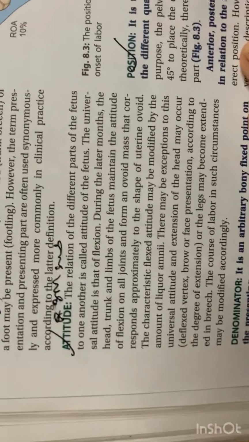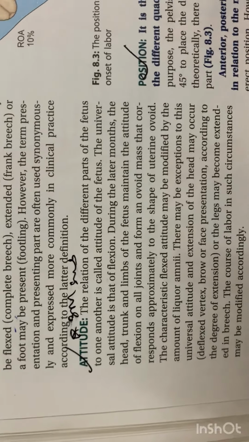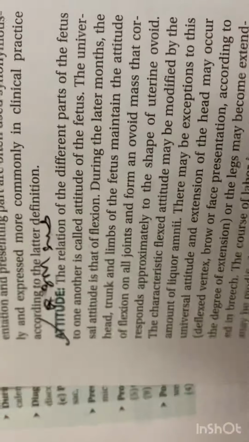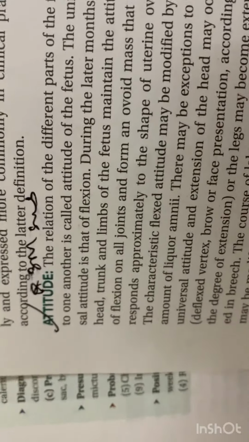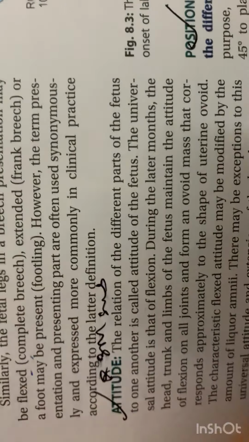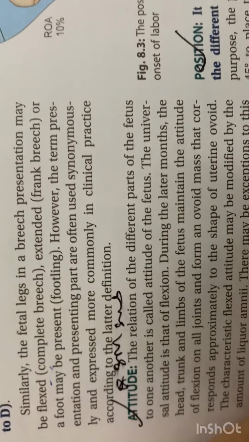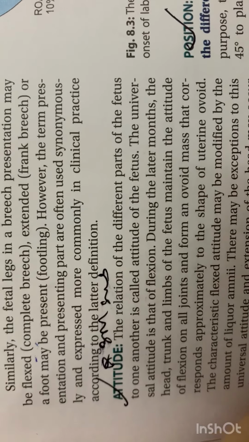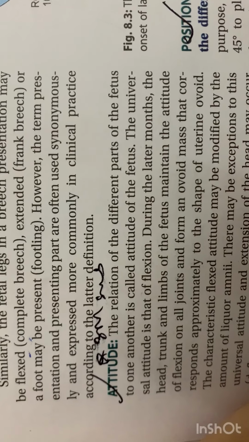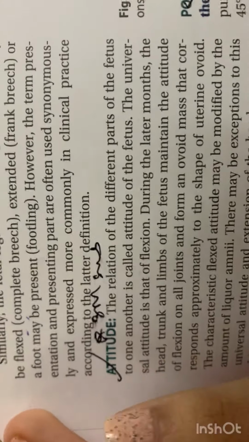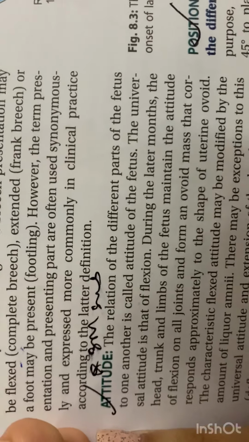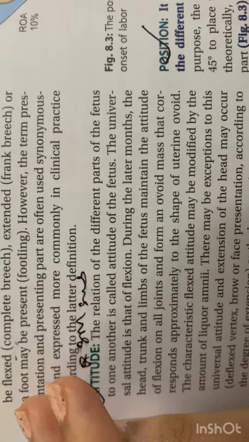Next, talking about attitude. Attitude is the relationship of parts of the fetus to each other. The most common attitude of the fetus is that of flexion. Head, neck, limbs, trunk, everything is in an attitude of flexion, and it flexes and forms an ovoid mass corresponding to the size and shape of the uterus.